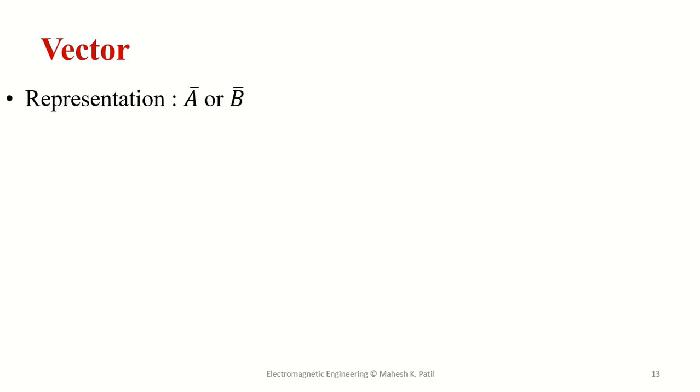We can represent a vector as A with a horizontal line or arrow on top of it. It can be read as A bar, or you can represent it using B also. Likewise, you can use any variable to represent a vector. It is read as vector A or vector B.